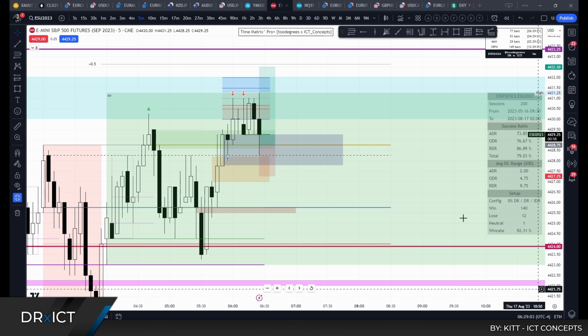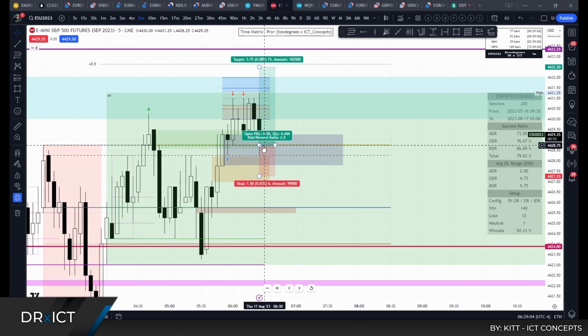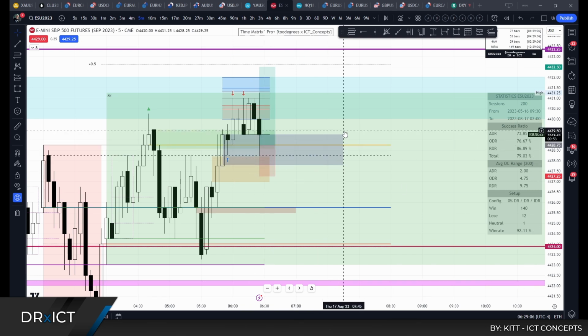We're in the last minute of our median max retracement value within time, 6:15. Not a lot of extensions. Looks like we're going to get some extensions closer to 6:45, 7.